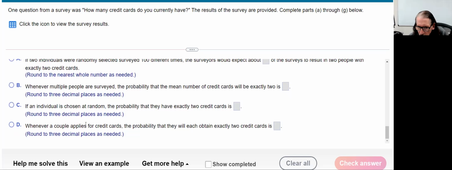Part D is out because we wouldn't have independence. If they're a couple, then they're going to be affecting each other in terms of how many credit cards they have. This was not talking about an individual.